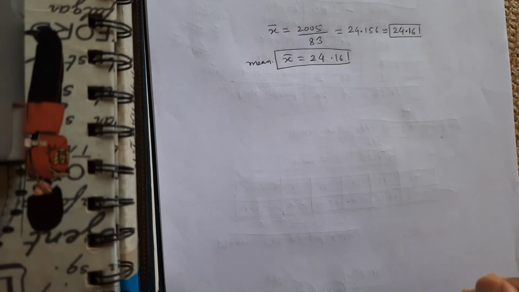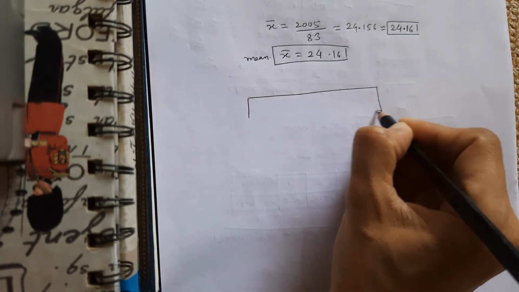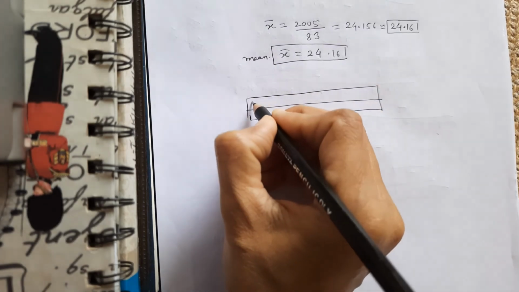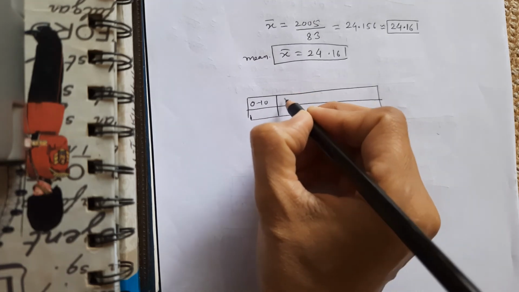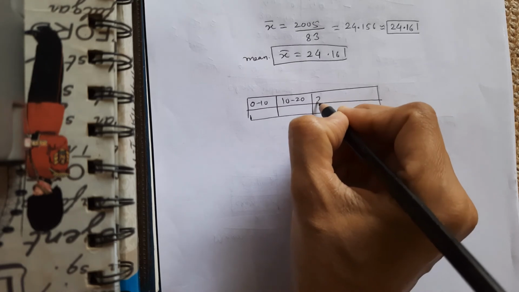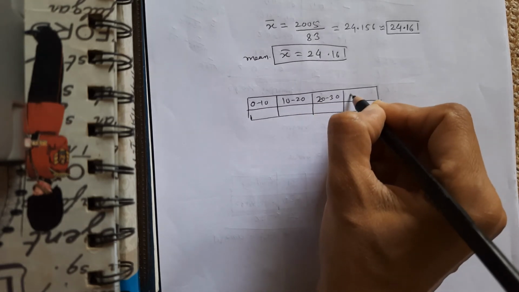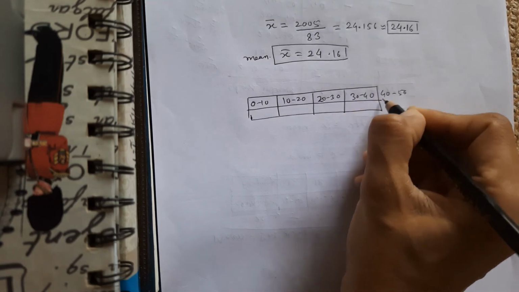I hope you understand the problem and concept. Just try one example, see what you get. So find out the mean for this example. 0 to 10, 10 to 20, 20 to 30, 30 to 40, 40 to 50.